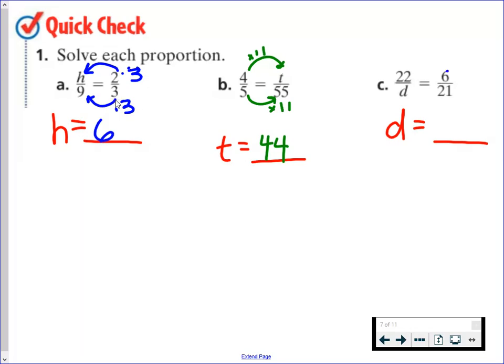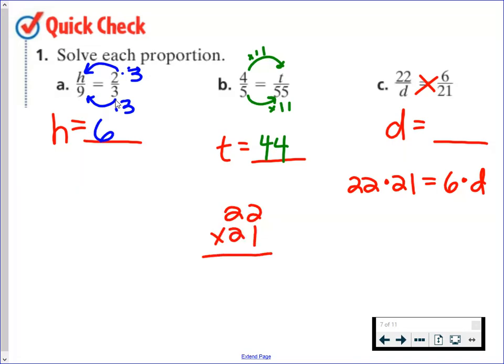How do I get from 6 to 22? Don't know. Backup strategy. Cross product. If you have no other option, no other strategy, can't think of anything else, you do cross product. 22 times 21 equals 6 times D. What is 22 times 21? Multiply it.